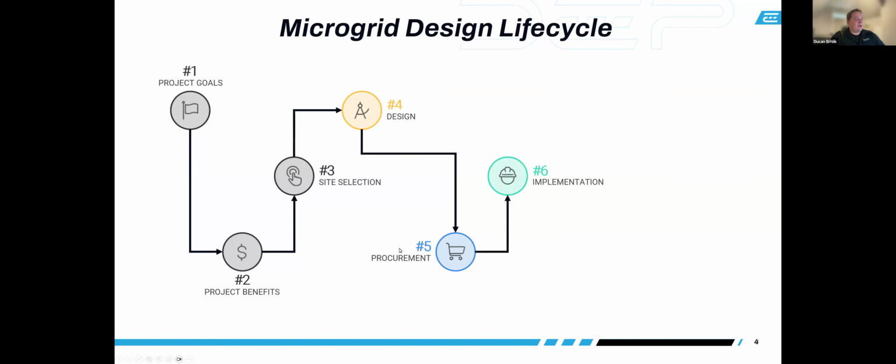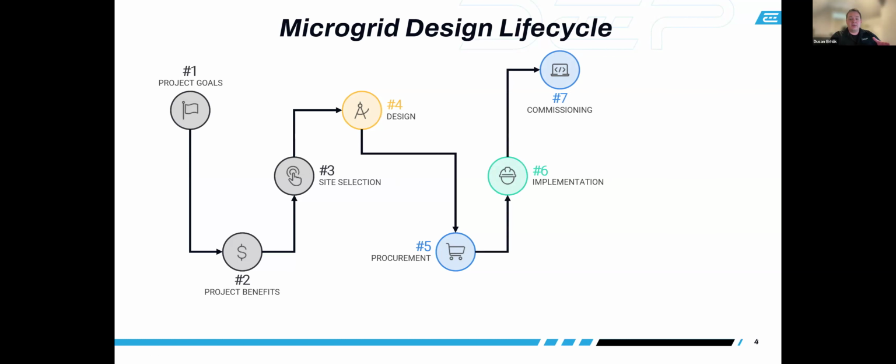And after the equipment gets procured, it goes into the implementation phase. And once the system gets installed, it goes into the commissioning phase. This commissioning phase is extremely important. This is effectively where you get the microgrid set up and start each system individually and make sure that they work according to their specifications.